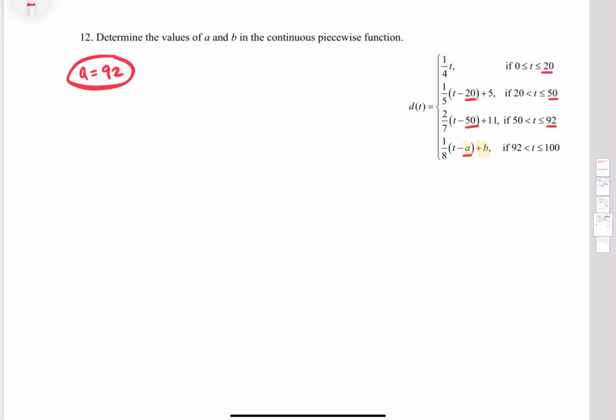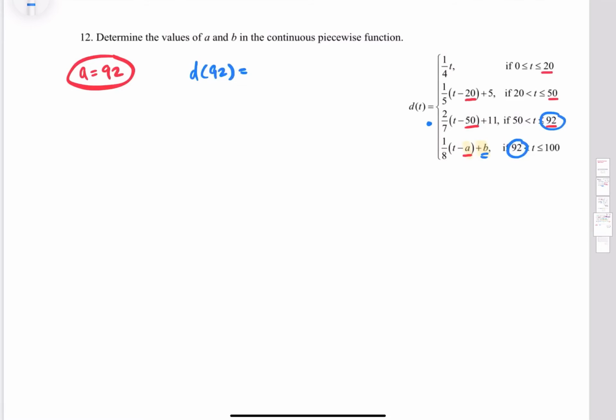So since it's continuing off from the last piece, what is this B value? To figure out what that B value is, I'm going to go to my last piece because they both have that 92. So let's figure out D of 92. Since it's in both pieces, I could put it into this previous part of our function.